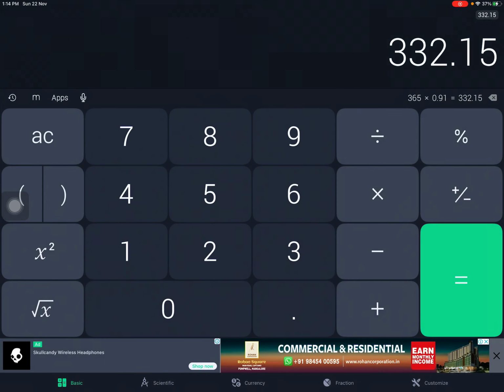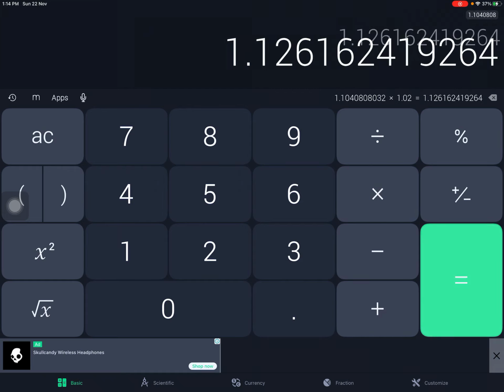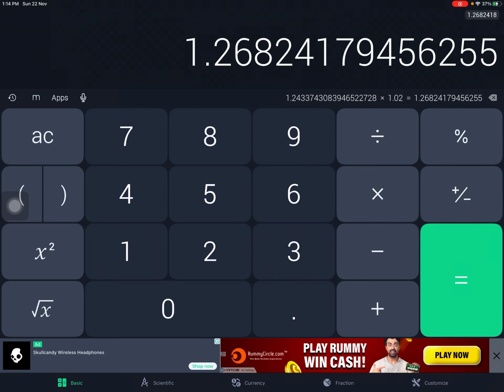I would like to check this. 1.02 into 2, 3, 4, 5, 6, 7, 8, 9, 10, 11, 12. Yeah, see, 1.2682 it is, not 84.